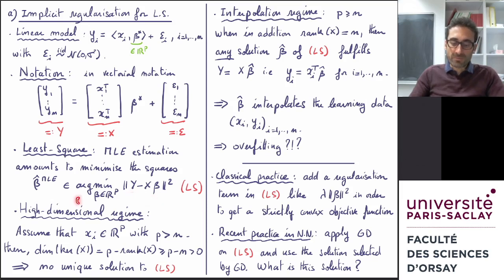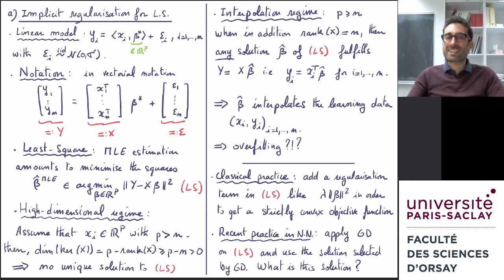So the minimum of your least square problem is achieved at something that interpolates the data, where this is equal to 0. If you take any solution of the least square problem, it satisfies this equation. So for any data point xi and yi, your predictor evaluated at xi is exactly equal to yi. So you exactly interpolate the data on the learning dataset.